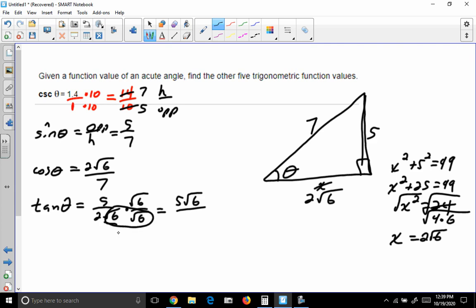The square root of 6 times 6, that would be the square root of 36. So we have 2 times 6, or 12 on bottom. My math lab may not make you rationalize denominators, but you can here. And then we would just list our other two ratios. We don't have secant or cotangent yet, so we would just list those.